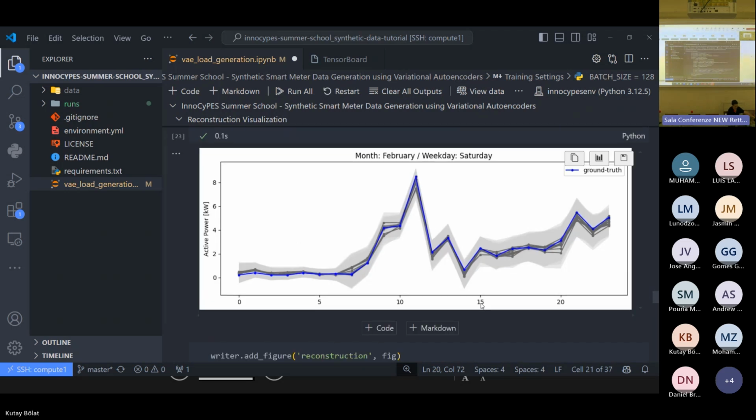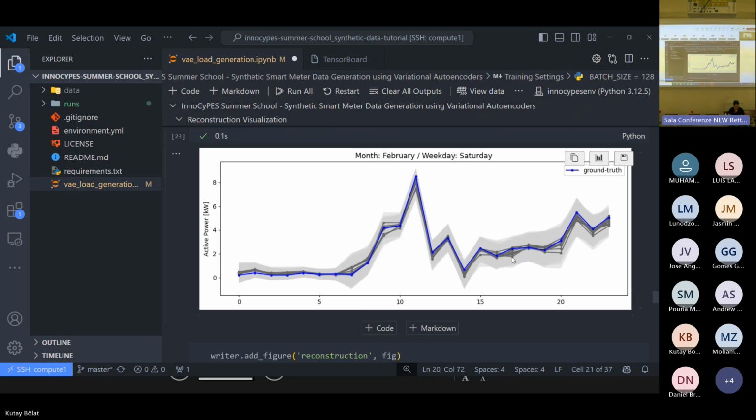As you can see, the blue profile is the original profile, and the gray ones, because there are tens of them, are the reconstruction means. I told you the output is also a probability distribution, and the shadings around them are the standard deviations of the decoder, right? So we also have some sort of uncertainty captured in the reconstructions.